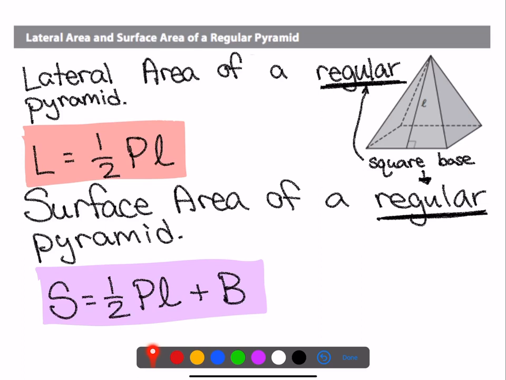All right. Lateral area and surface area of a regular pyramid. Now, regular is a very unique term within our geometry. Regular just means that all sides of our base are the same. They're all equal. So in this case, it'd be a square base.